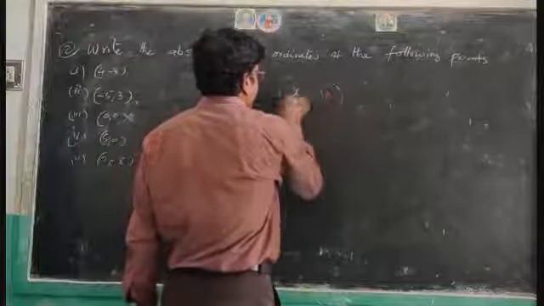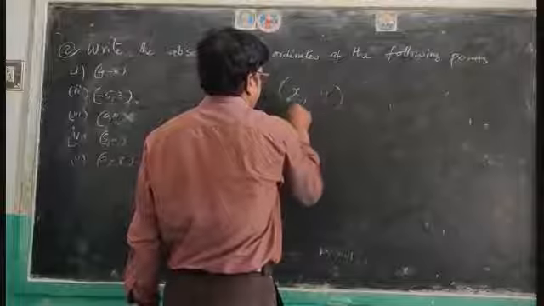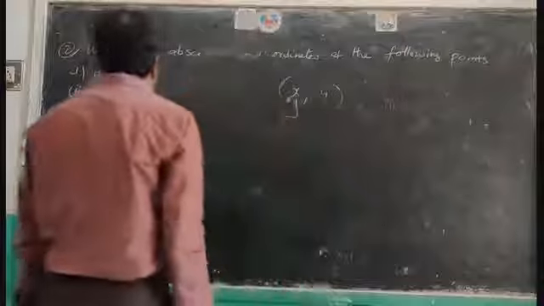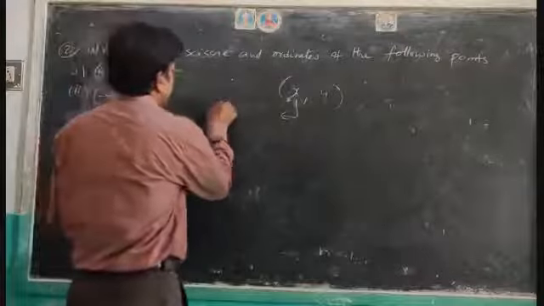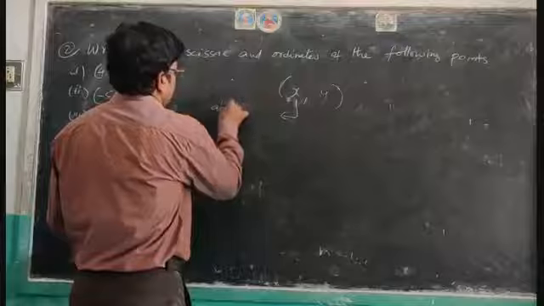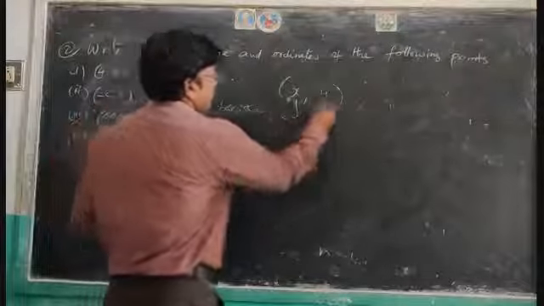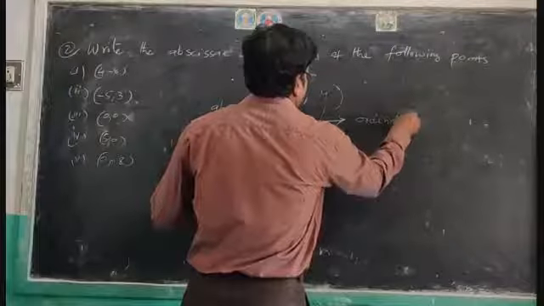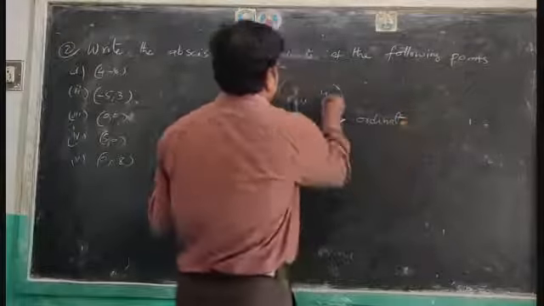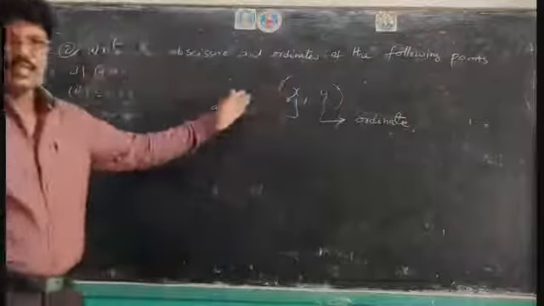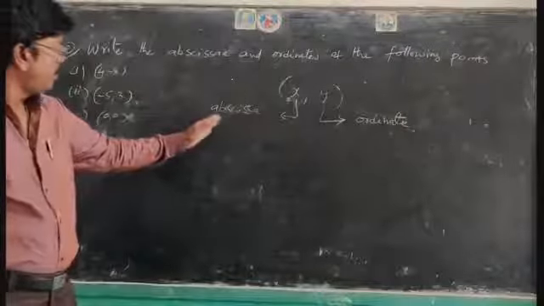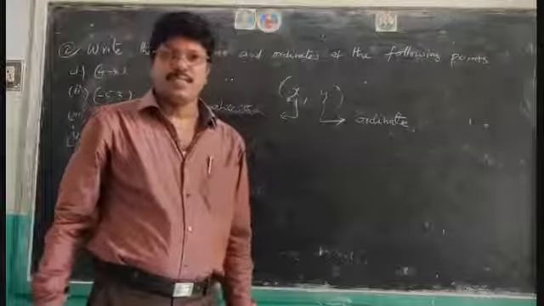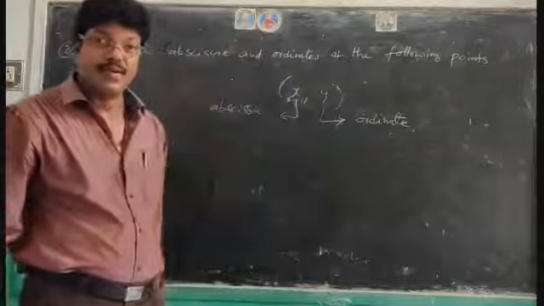In XY, the x coordinate is the abscissa and the y coordinate is the ordinate. Copy down in your e-notebook.